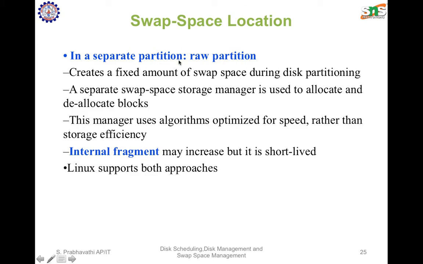Okay, so that we are saying as a raw partition if there is no file system in that particular partition. Every partition should have some file system, so that storing the data and retrieving the data from the disk is quite easier.